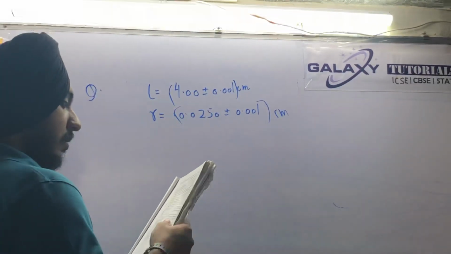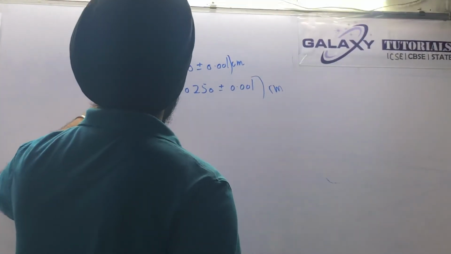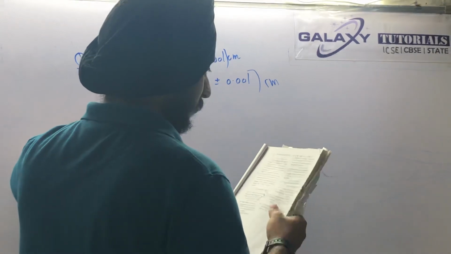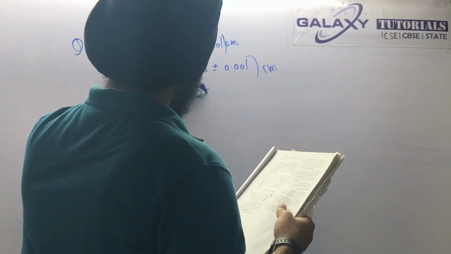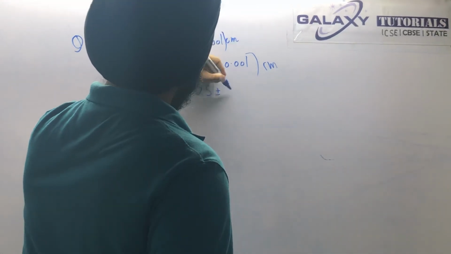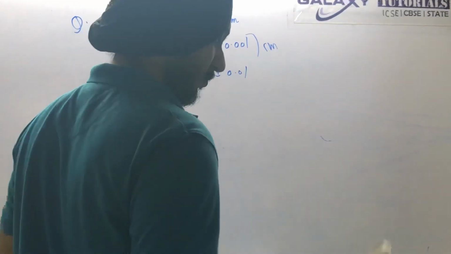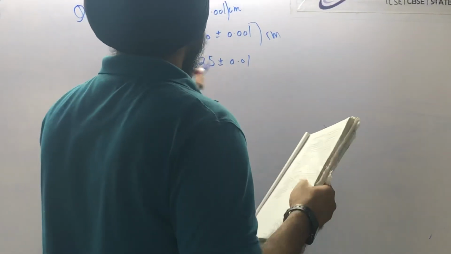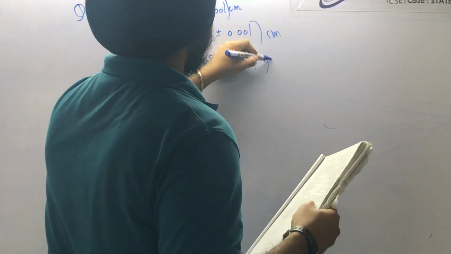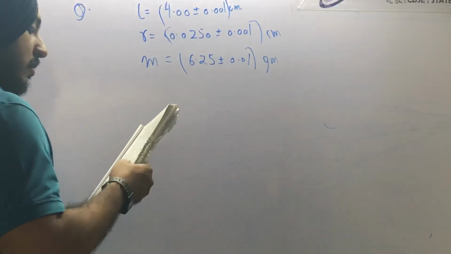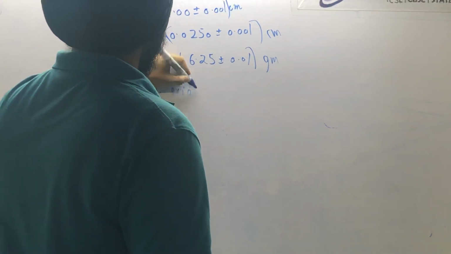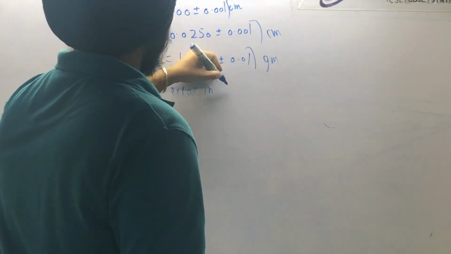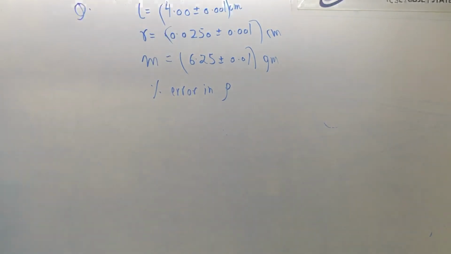Okay, mass is also given to you, 6.25 plus minus 0.0 grams. What we have to find is percentage error in density. So this is the question that they have given to you.